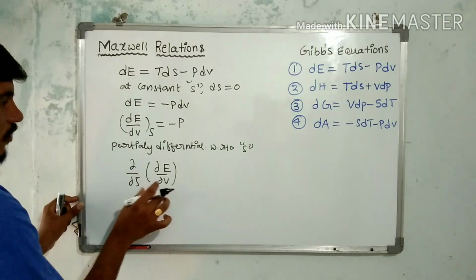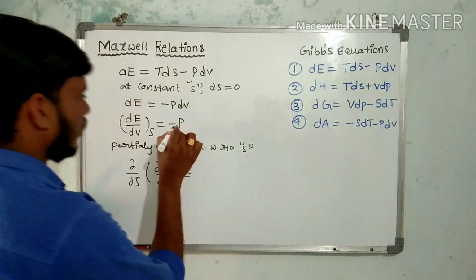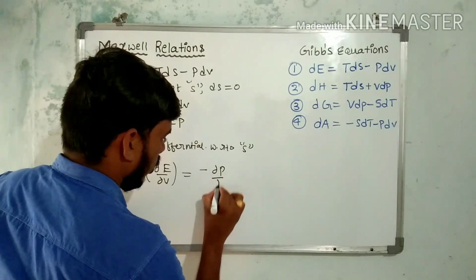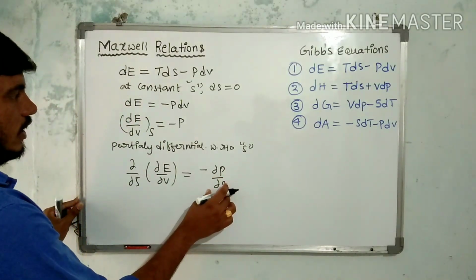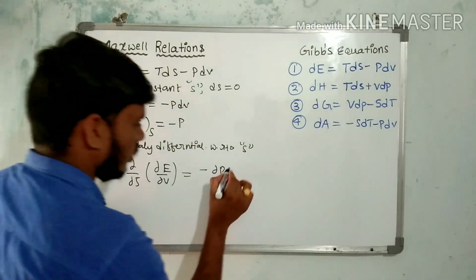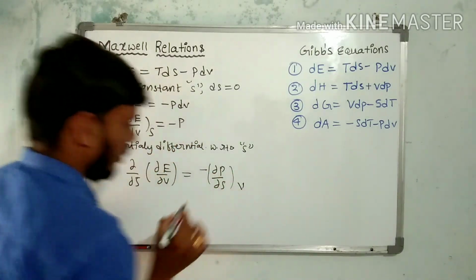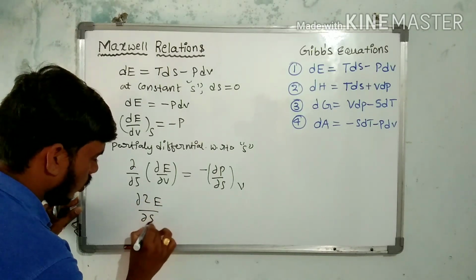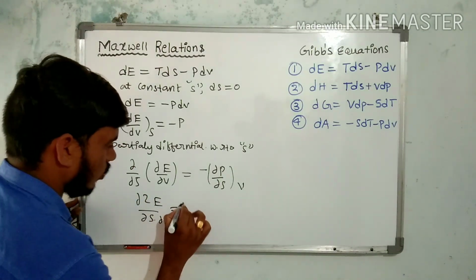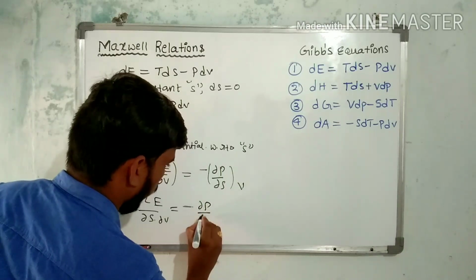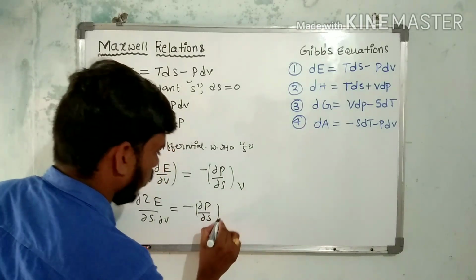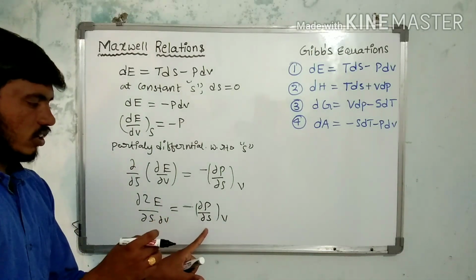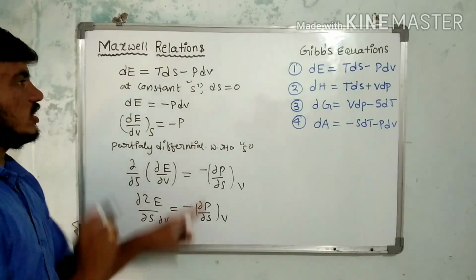This function is P. Now dou P by dou S, in this case the volume is also constant, so the subscript is V. Now we get dou square E by dou S dou V is equal to minus dou P by dou S at constant volume. This is one of the equations, obtained at constant entropy.